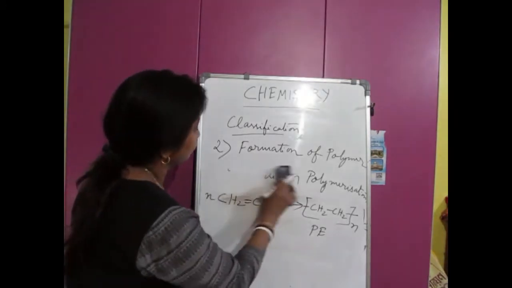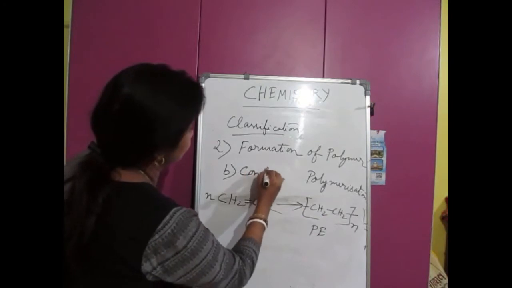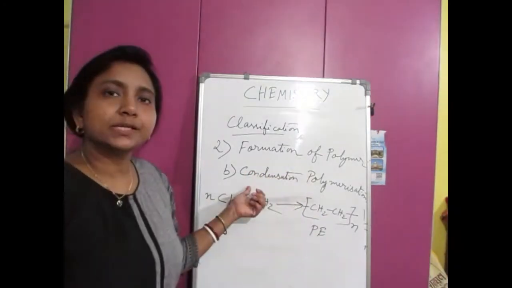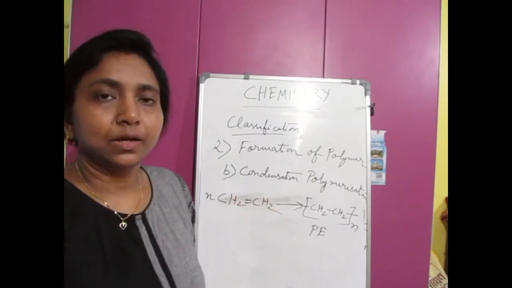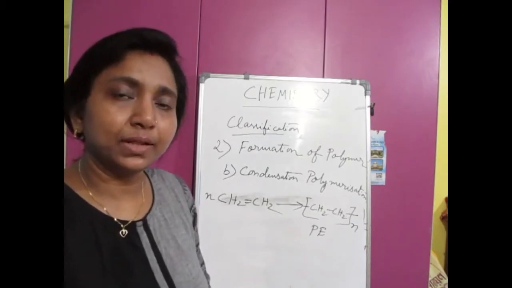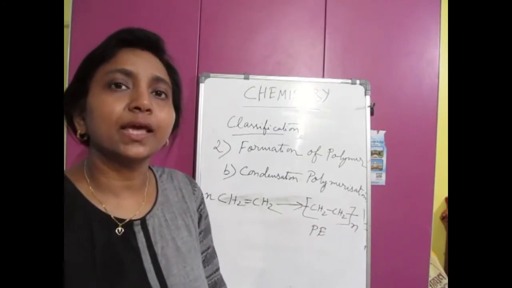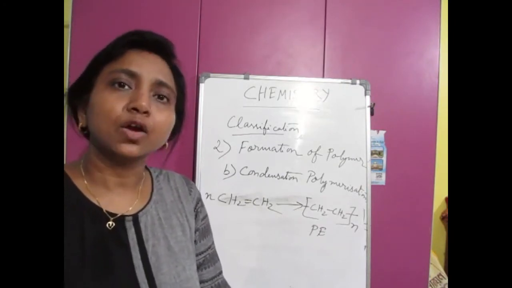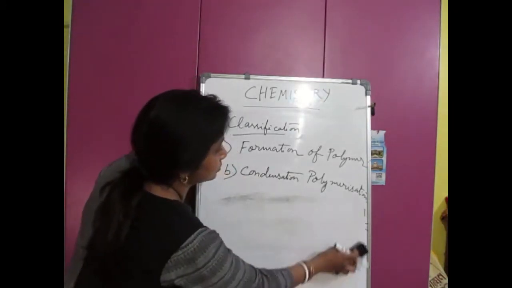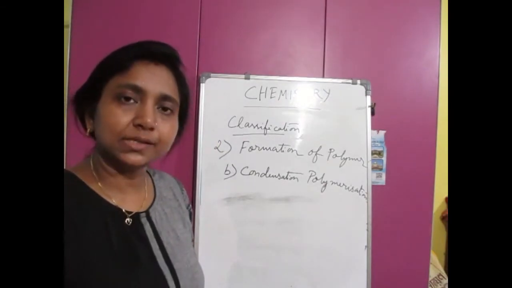Next is condensation polymerization. So I am showing condensation polymerization by an example, that is the formation of nylon 66. Nylon 66 is a condensation polymer. So what are the monomers of nylon 66?